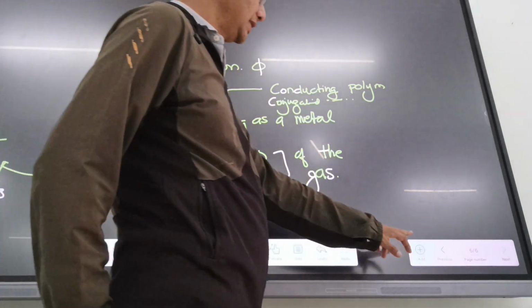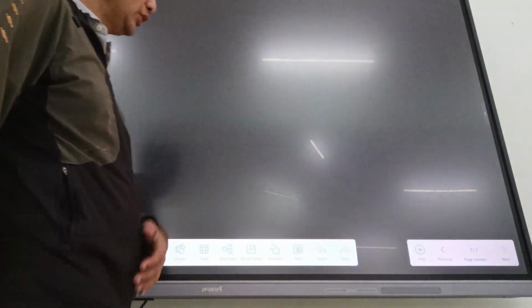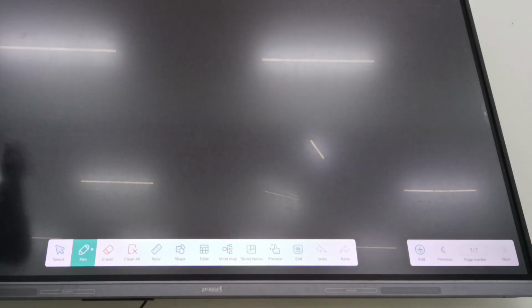Now let us move to another sensing, glucose. Glucose sensing is done by TPY.